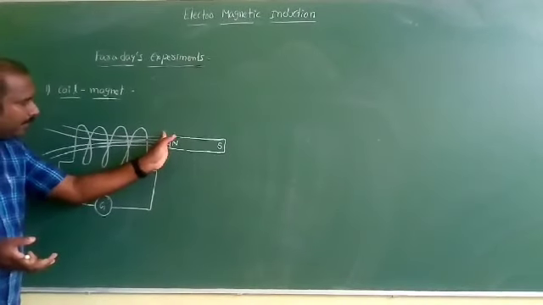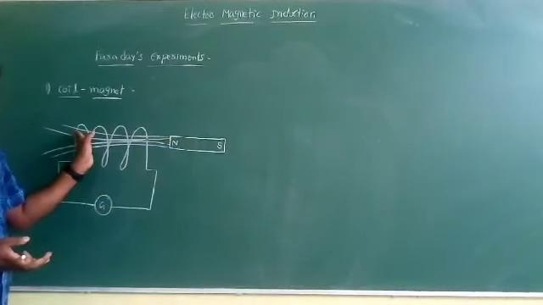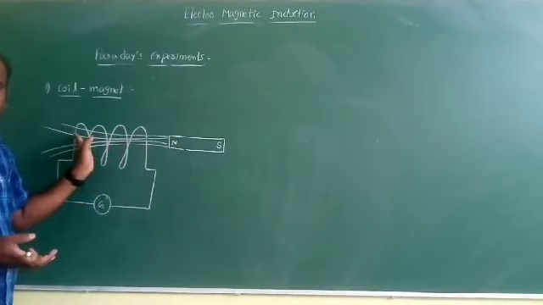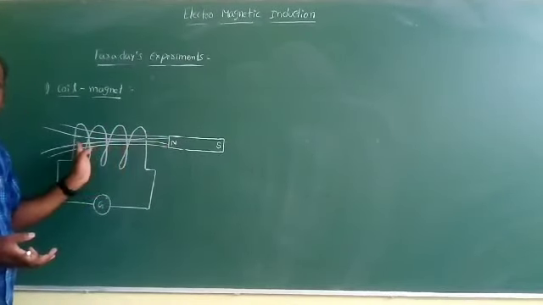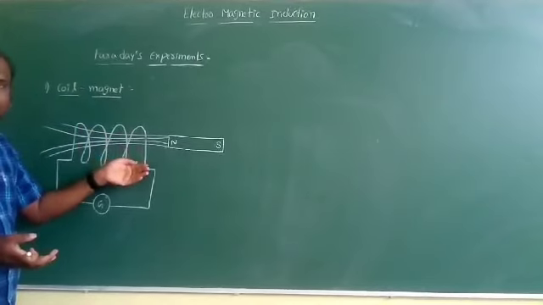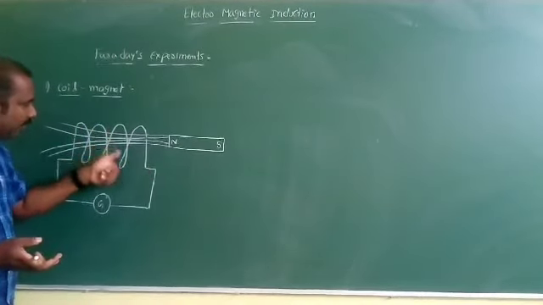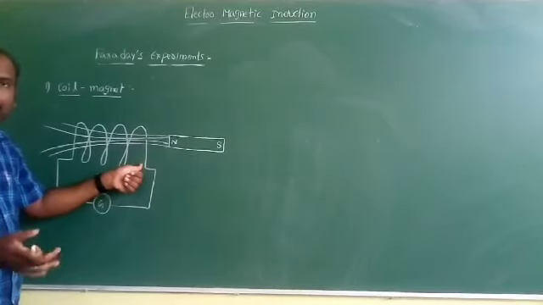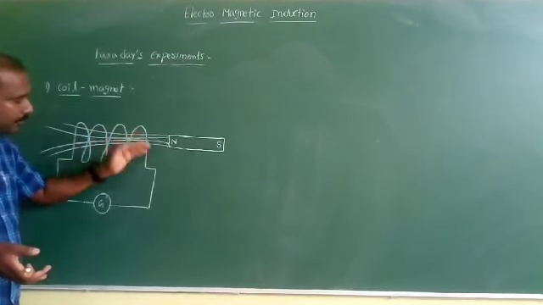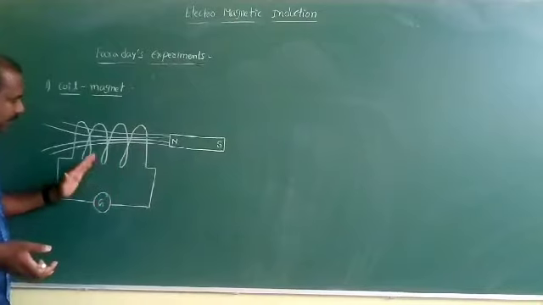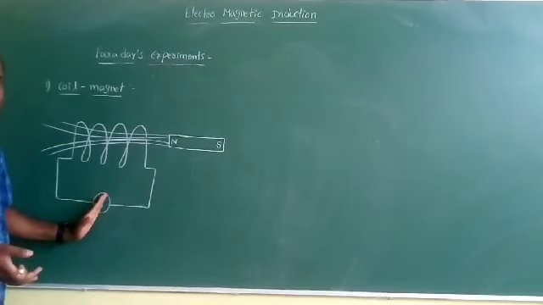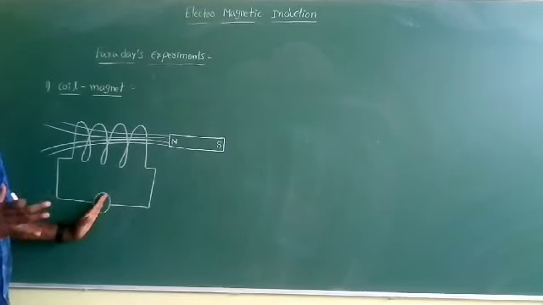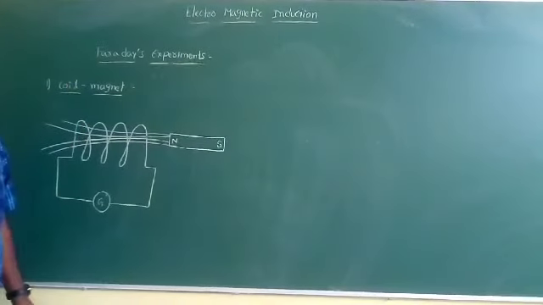If more field lines are passing, magnetic flux is changing. Because of this changing magnetic flux, induced EMF is produced in that coil. Induced EMF and induced currents are produced, and because of this induced current, the galvanometer is showing the deflection. And that is the main concept from this one.